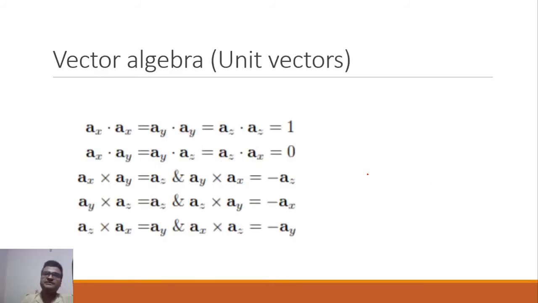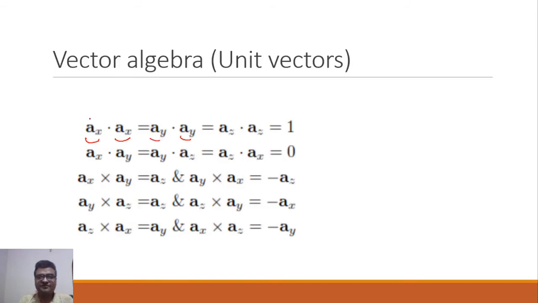Now let's see some unit vector operations. We know that two vectors can be multiplied using the dot product form and the cross product form. Let's say we have two unit vectors, Ax and Ax, Ay and Ay.